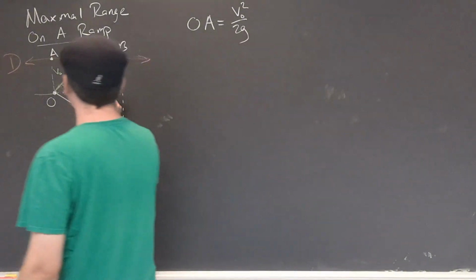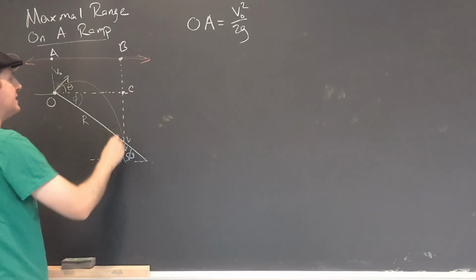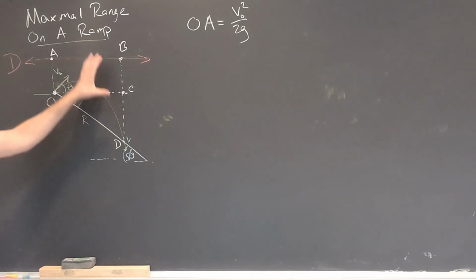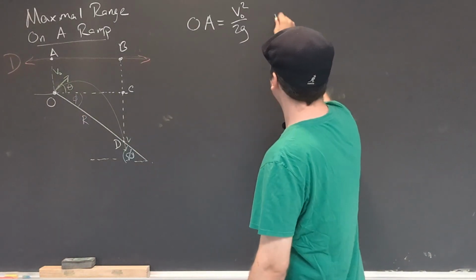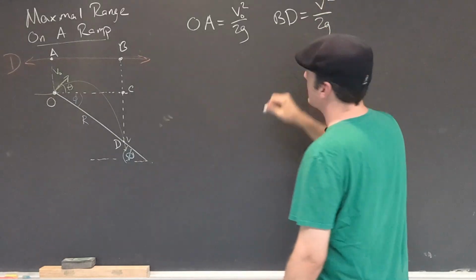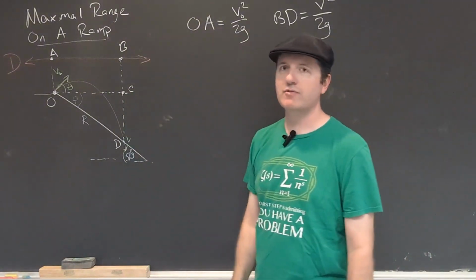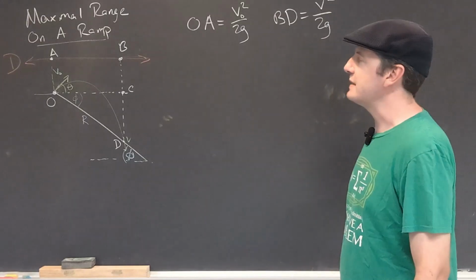Now, the key here is, if I finish off this rectangle, maybe I'll call this point C and this point D, we can see that by the same sort of argument, BD would have to be V squared over 2G. Again, the distance from the parabola to the directrix is proportional to the kinetic energy, and we'll have a different speed over there.